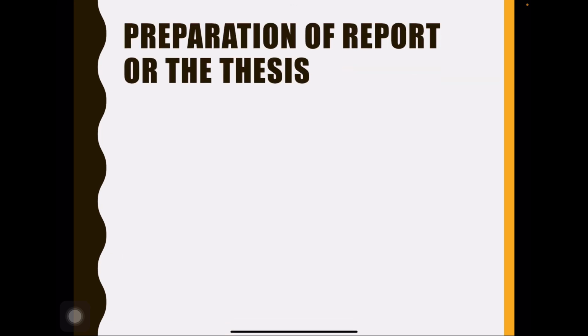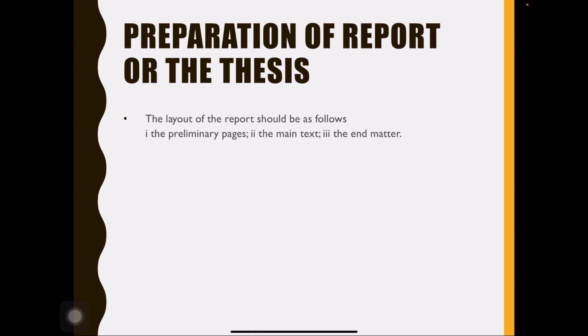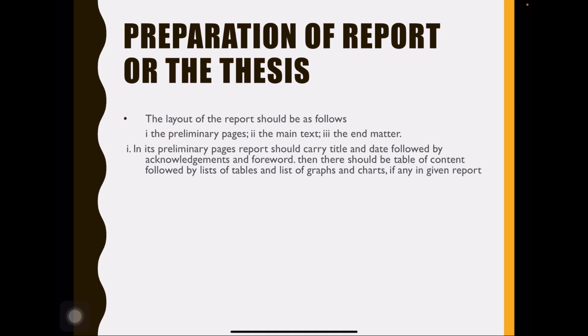Preparation of report or the thesis. The layout of the report should be as follows: first, the preliminary pages, second, the main text, third, the end text. In its preliminary pages, the report should carry title and date, followed by acknowledgements and foreword.